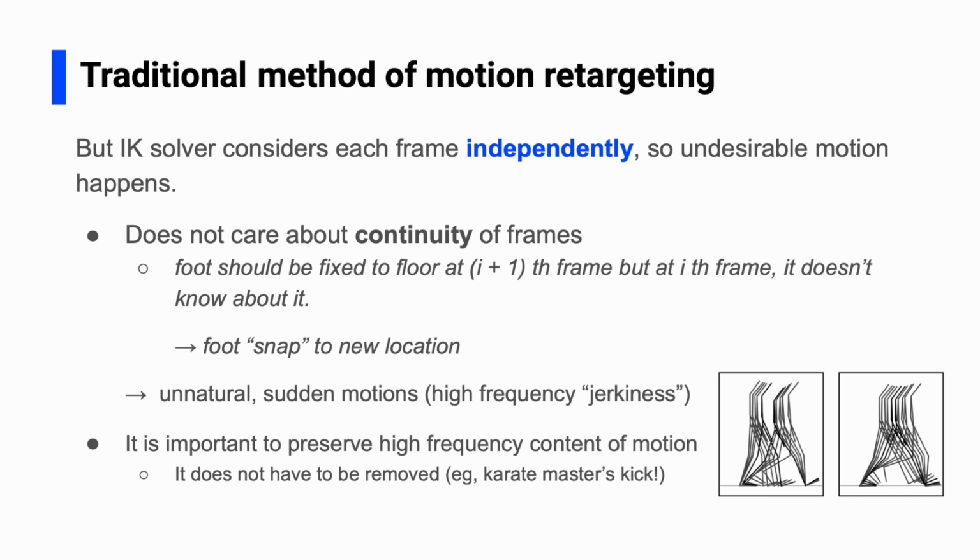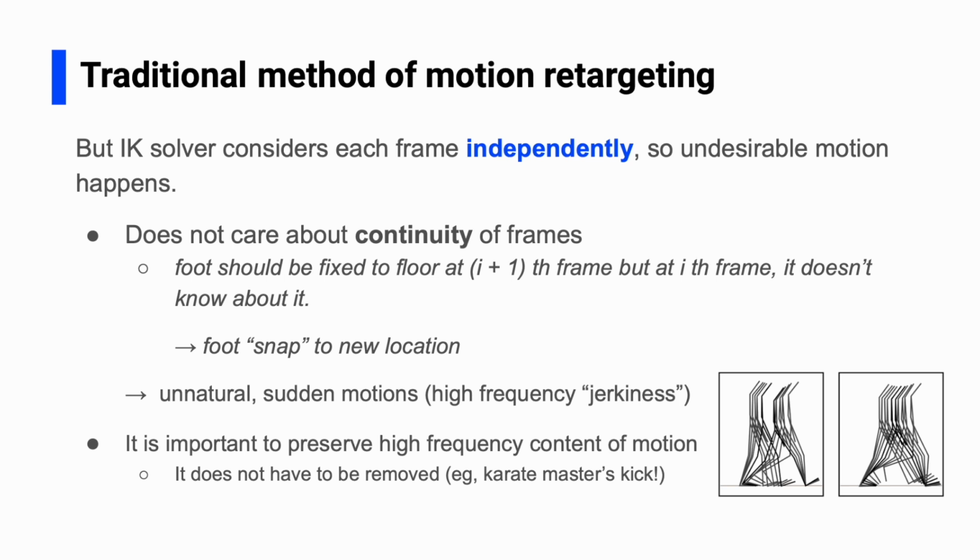However, this inverse kinematics solver considers each frame independently, so undesirable motion happens. Since it is independent, it does not care about continuity of frames. For example, the foot should be fixed to the floor at frame i+1, but at the ith frame, it doesn't know about it since frames are independent.